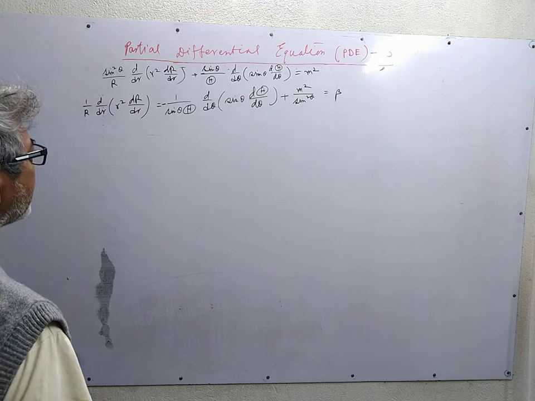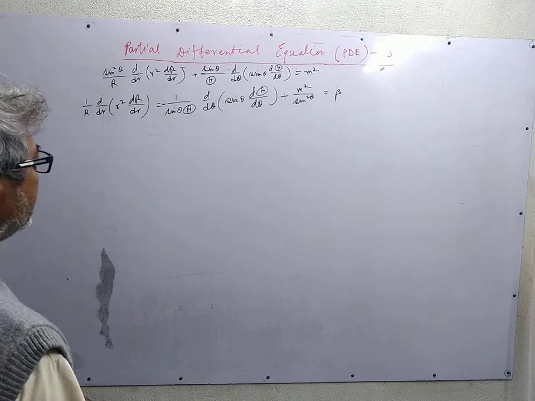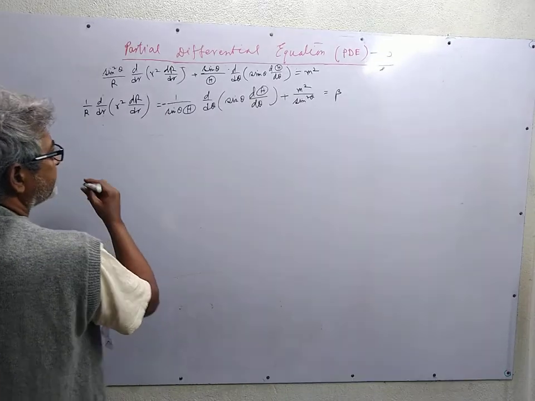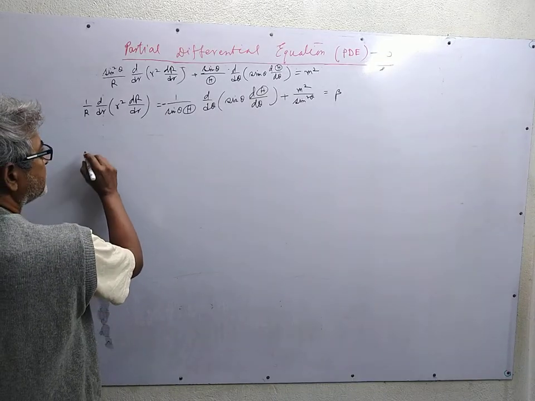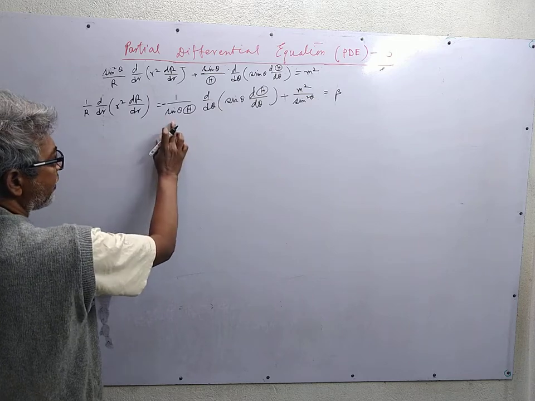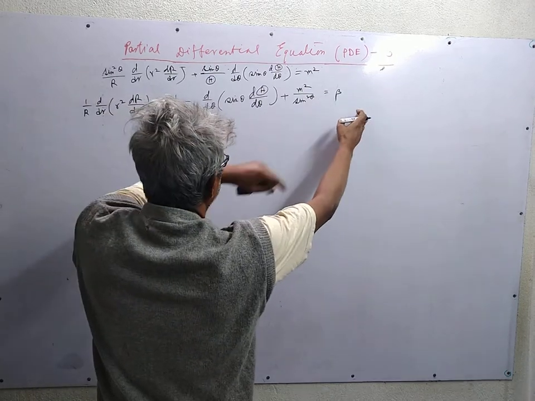Now we start with the theta equation. So the theta part is this. We take this part on the other side.